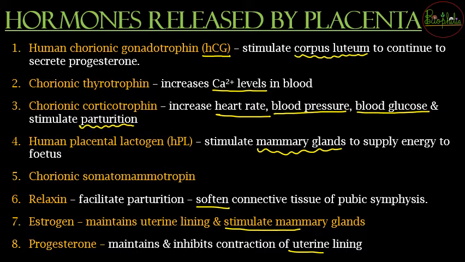If the contractions start early, it is possible that the fetus is going to shed out of the endometrium, those placenta connections get lost, and the pregnancy is unsuccessful. So for that reason the progesterone hormone needs to be at a sufficient amount so that there is maintenance and inhibition of the contraction of the uterine lining.